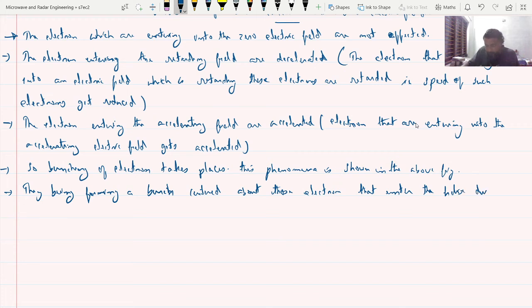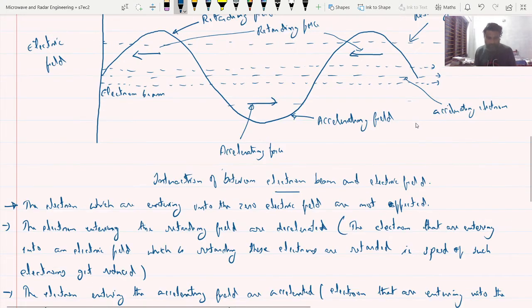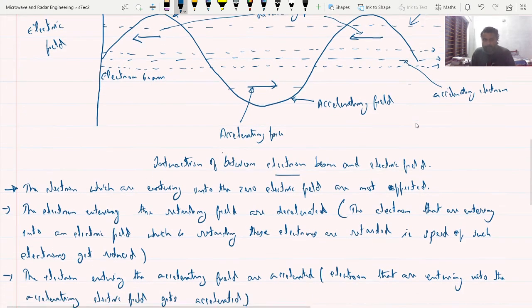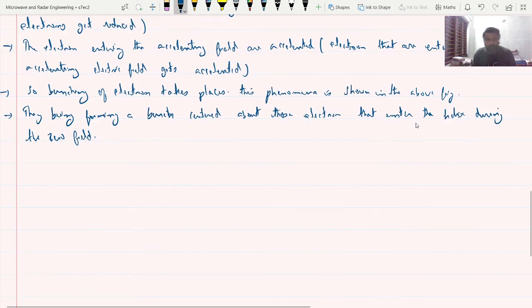That process is shown here in the figure. So now what happens?